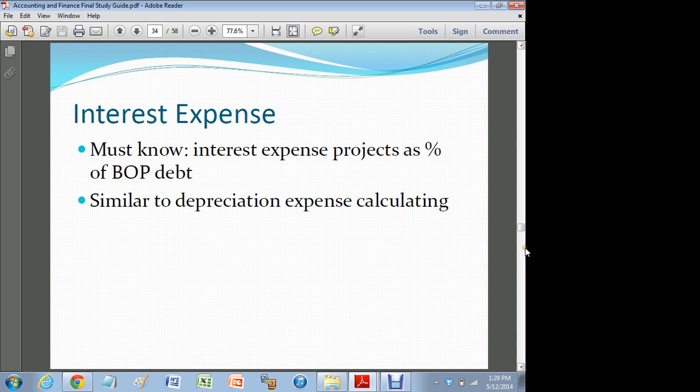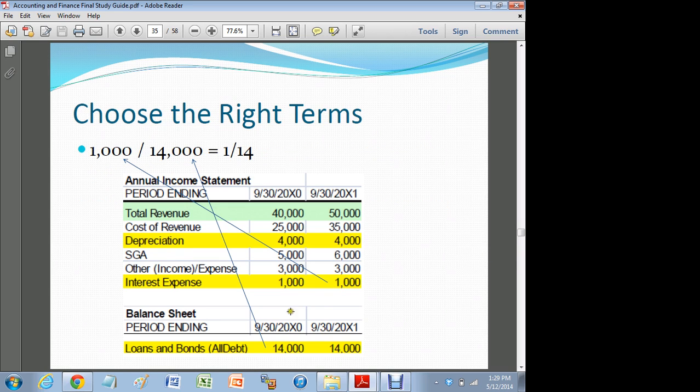So almost the same for interest expense. We take the interest expense as a percentage of debt. In this case, the numbers are all the same, but know that we're taking the 1,000 from this most recent period, but the 14,000 from the end of the previous period.